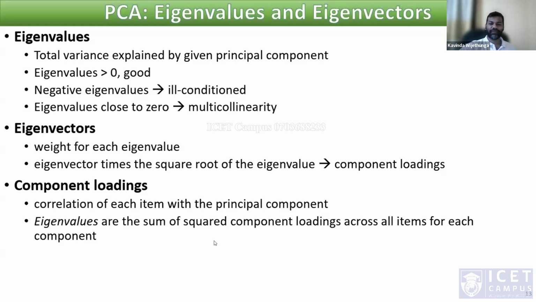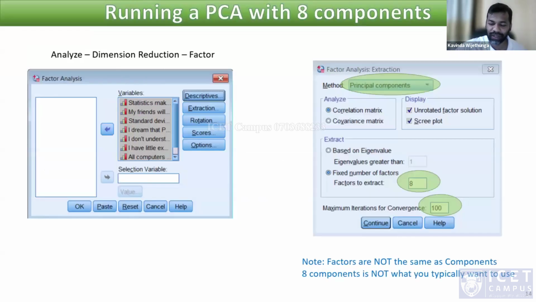Right. We'll see how we can use this principal component analysis to gather the items into 8 components. Components අටකට අපි කොහොමද ගන්නේ කියලා බලමු. Note that factors are not the same as components. 8 components is not what you typically want to use. ඒක අපි decide කරපු එකක්, 8 use කරන්න කියලා එකක් නැහැ.